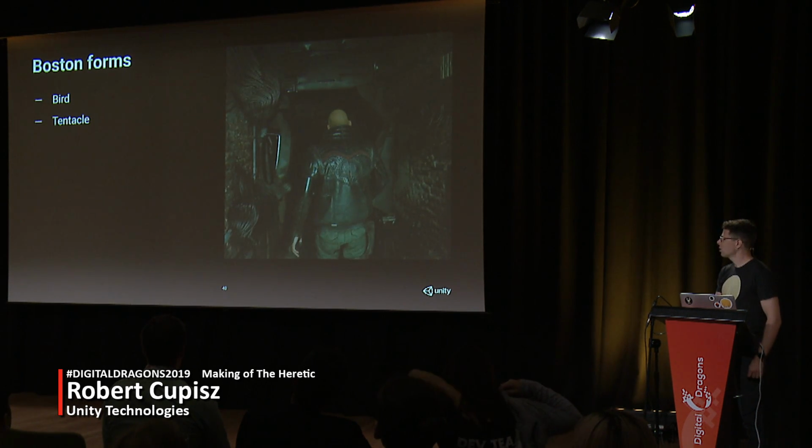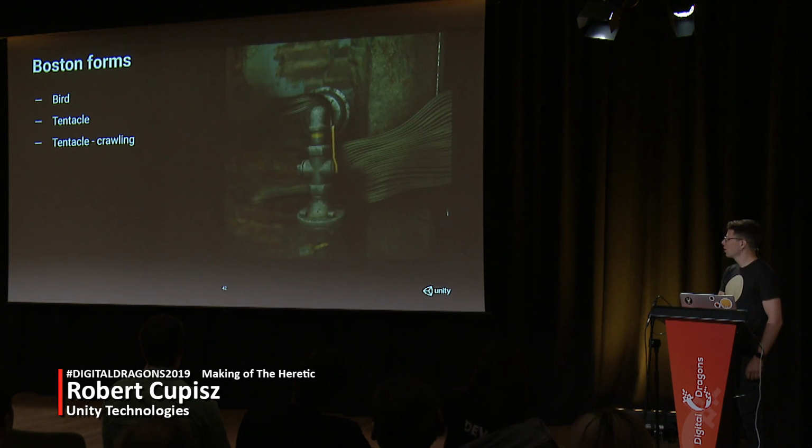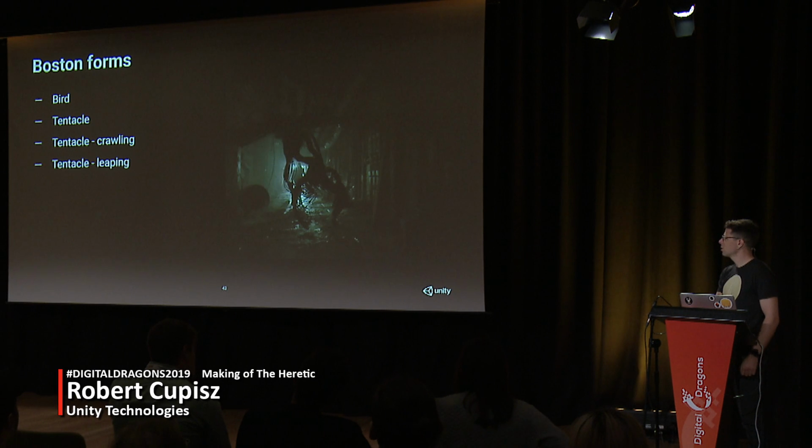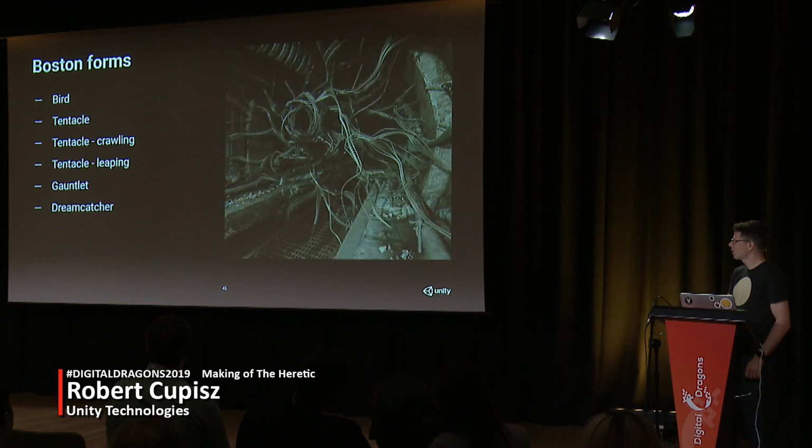We have the tentacles. The crawling tentacles, which avoid obstacles and conform to surfaces with this kind of fluid-like motion. We have the leaping tentacles that fly through the air. The gauntlet, which is sort of a tactile interface on the arm, needs to follow it. And the dream catcher, the portal opening contraption.